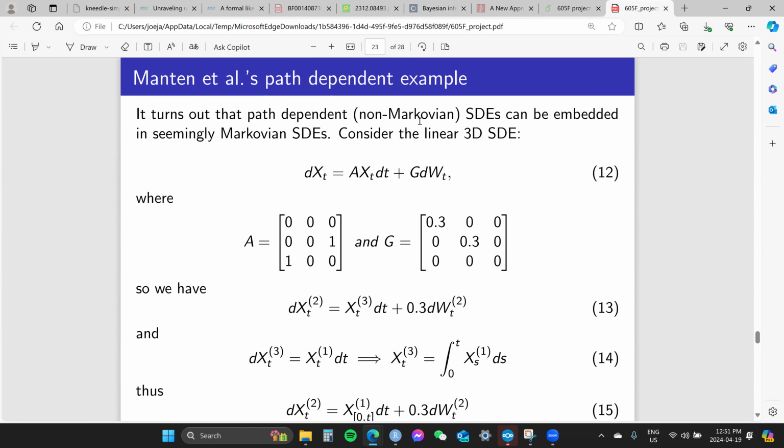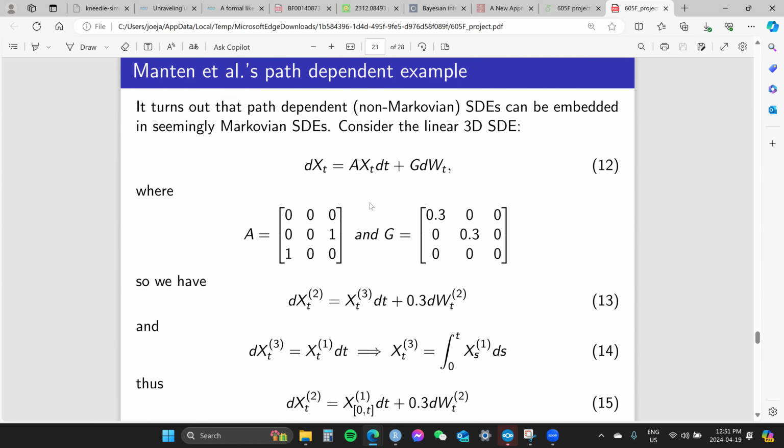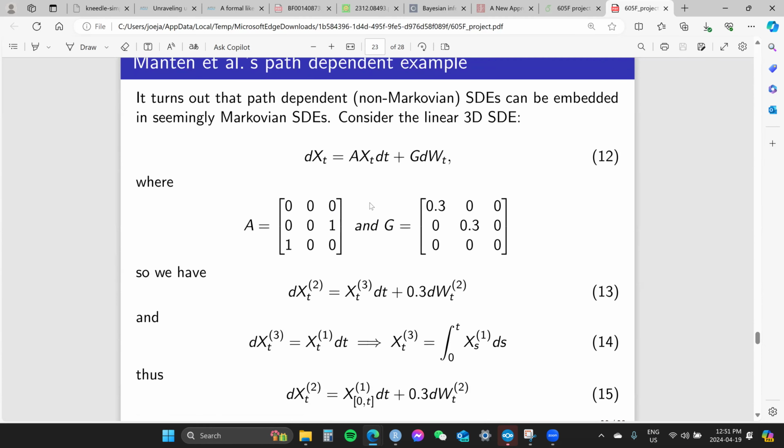This is, I think, quite interesting. If you have an SDE that looks apparently Markovian, because this is just a multidimensional Ornstein-Uhlenbeck process, it can actually not be Markovian if you have 3 dimensions or more, which I think is one reason why the Wang paper restricts to 2. But here's why.